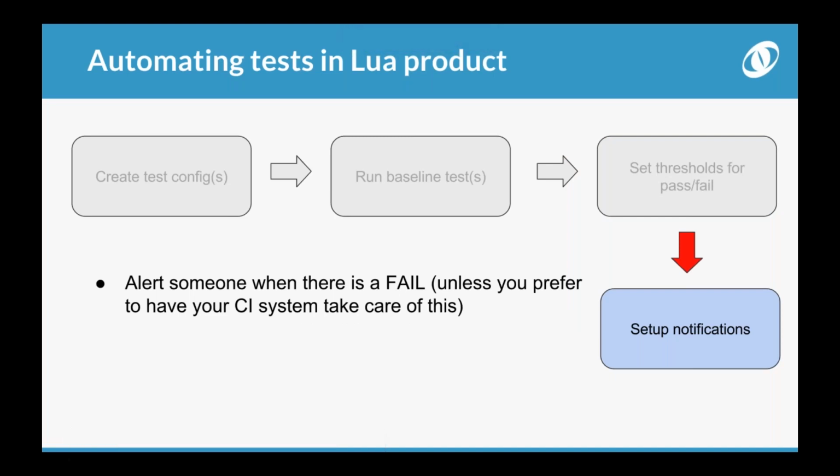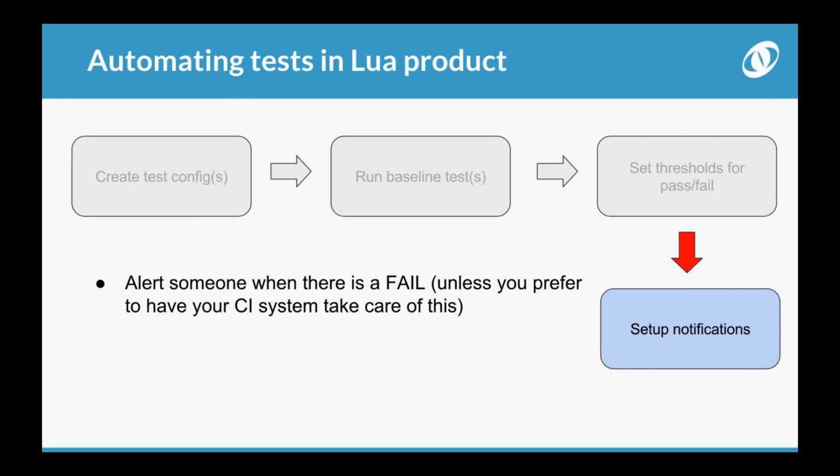So now that we have thresholds set up, we should decide how we want to be notified by the CI system when our test fails. Either you might have already set up a mechanism for being notified by your CI system, in which case you can more or less skip this step.